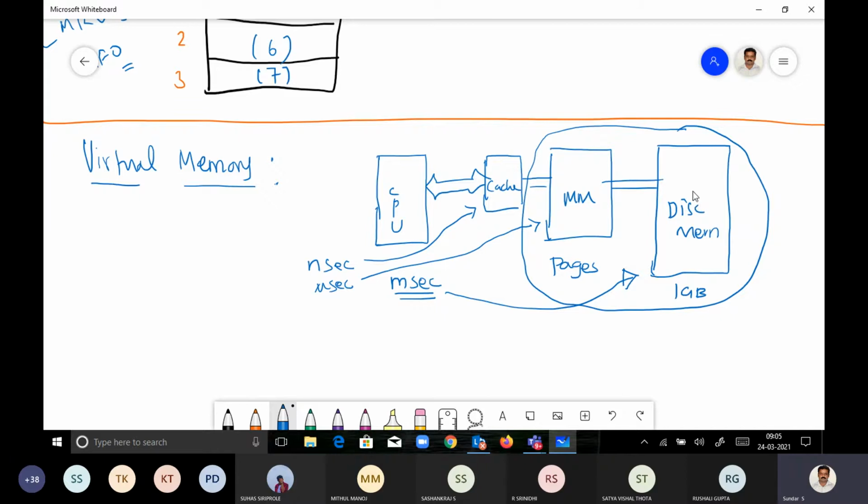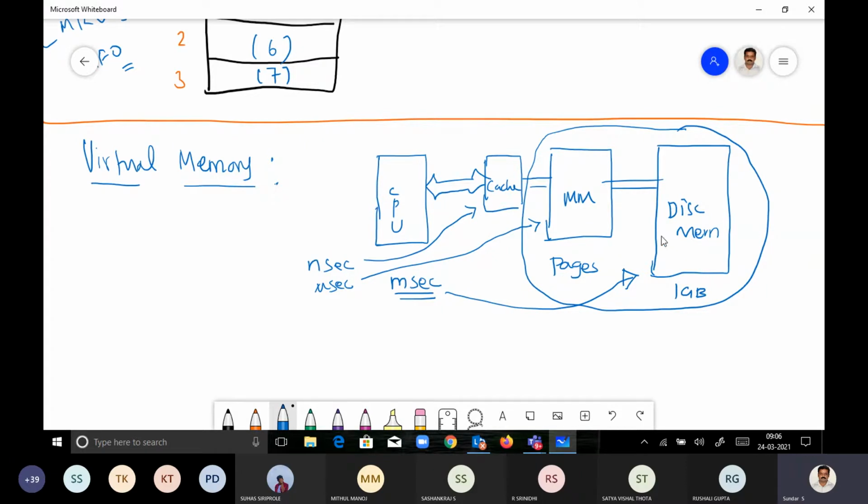But it is a headache of the operating system to make it comfortable. It will transfer the program into main memory and cache memory such that the CPU can execute things fast. So this is the idea.